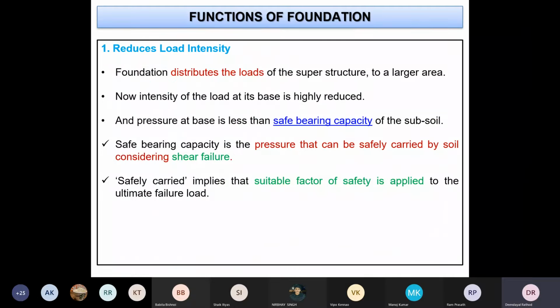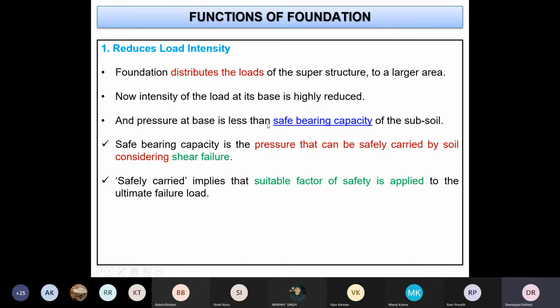So what are the functions of the foundations? It reduces the load intensity. Foundation distributes the load of the superstructure to a large area, and the pressure at the base is reduced. So safe bearing capacity is the pressure that can be safely carried by the soil considering the shear. So the soil should carry the pressure very safely without failure.